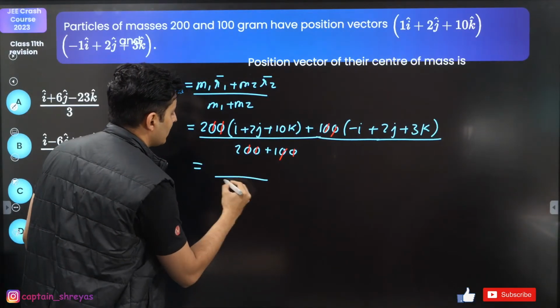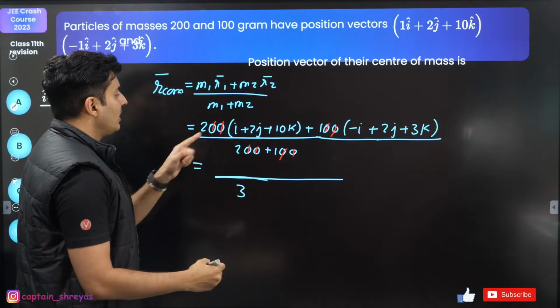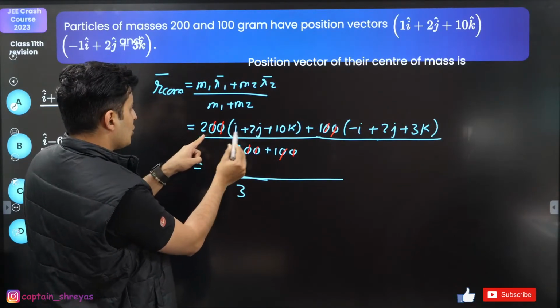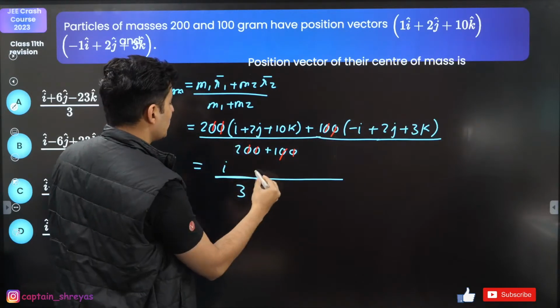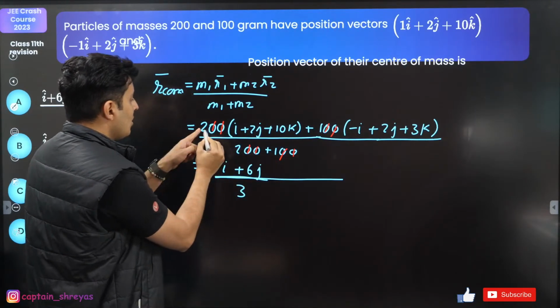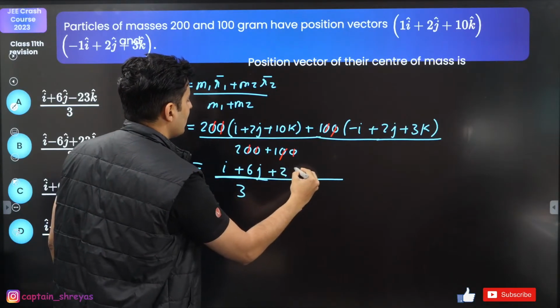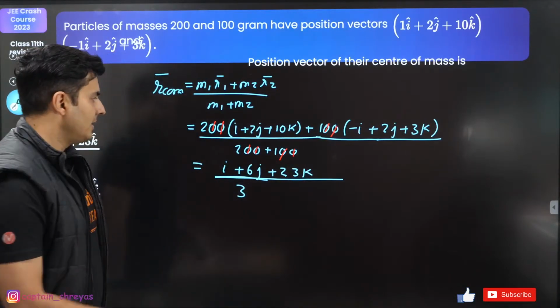So denominator will just become a big fat 3. This will become 2i minus i, so i. 4j plus 2j, so plus 6j. 2 into 10, 20 plus 3, so 23k. That's it. That's the answer, guys.